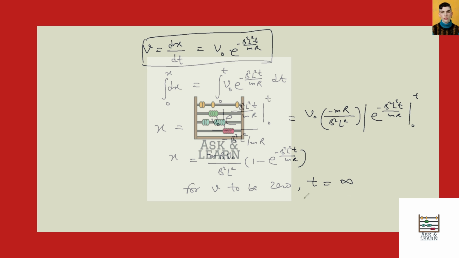So if the time is infinite, then this expression for displacement will become m R v naught divided by B square L square multiplied by e raised to the power minus infinity, which will come out to be 0. So finally, this distance gets a form of m R v naught divided by B square L square. This is the final answer for the displacement of the bar when its speed will finally reduce to 0.